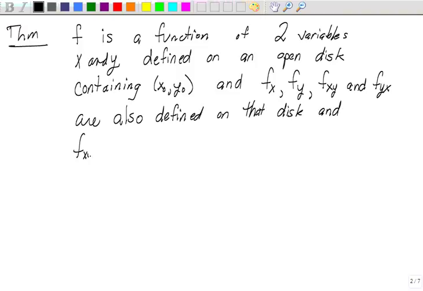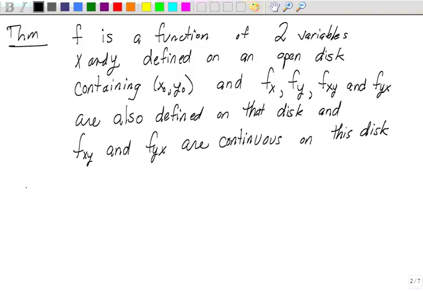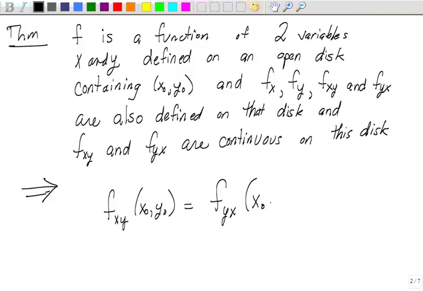And fxy and fyx are continuous on this disk. Then the conclusion is that fxy at that point in the disk is equal to fyx. So in order for those two to be equal, all the partials have to be defined, but also the second partials, fxy and fyx, have to be continuous, and then you'll get that equality.